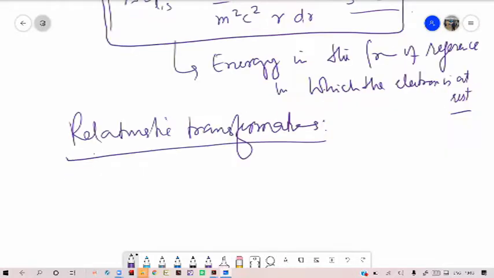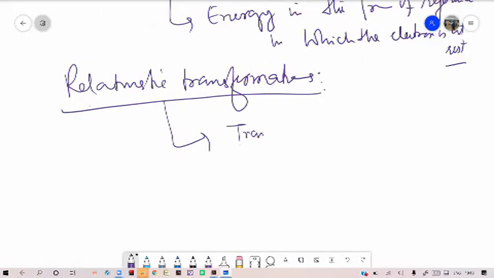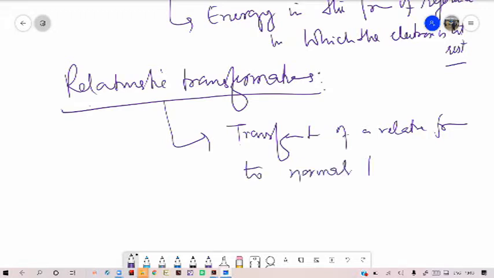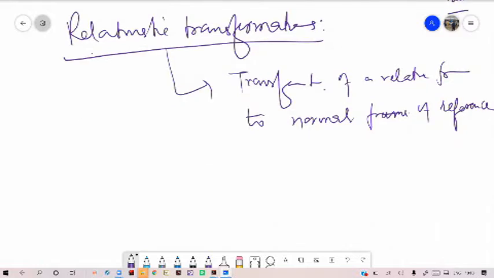The relativistic transformation means the transformation of a relative frame to a normal frame of reference. Because we are treating everything non-relativistically, we are not going into the relativistic components. So we will convert this whole problem into a normal frame of reference. And if you have done the relativistic transformations, then the energy is reduced by a factor of 2. This is called the Thomas precession.